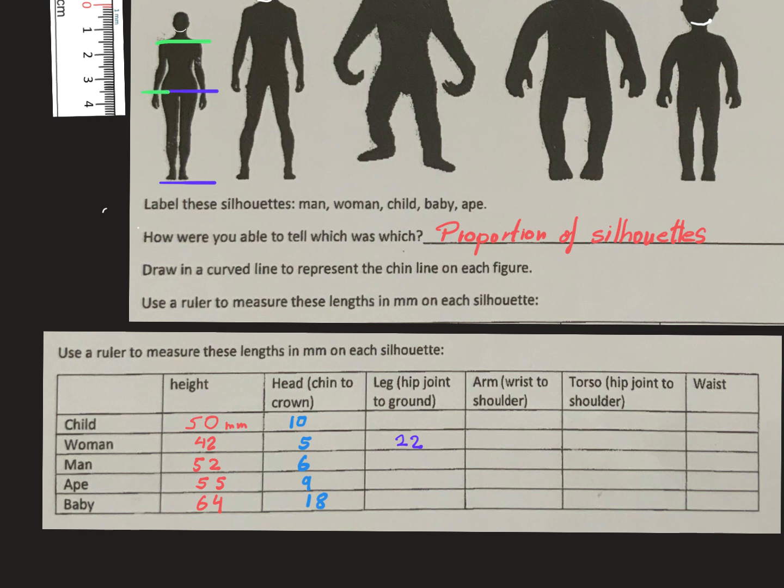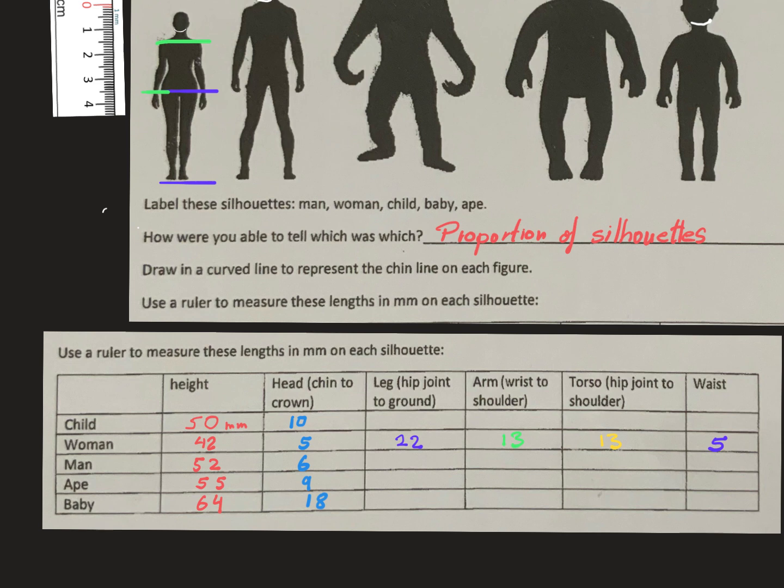And that number came up to be 13. The torso was from hip joint to shoulder, and that was exactly the same as the arm, which was 13. The waist is there as well, but I don't know why the waist is there, because we don't really need it for any calculations, but that's the waist.